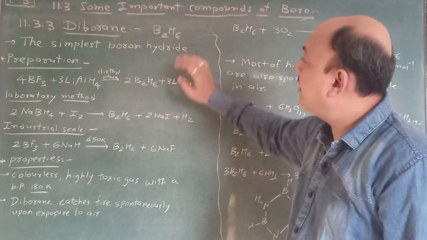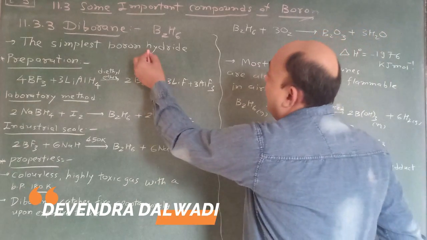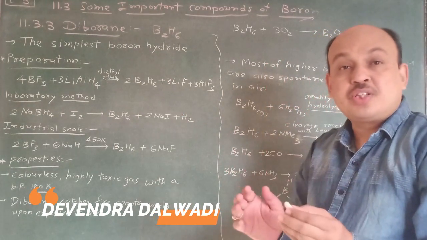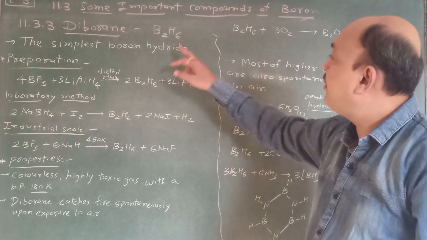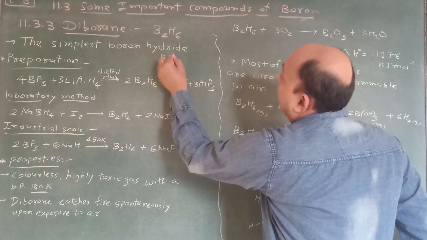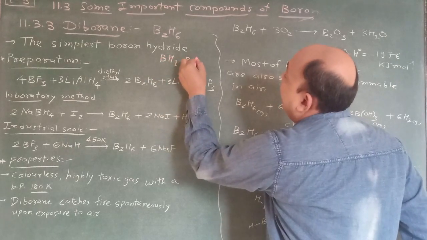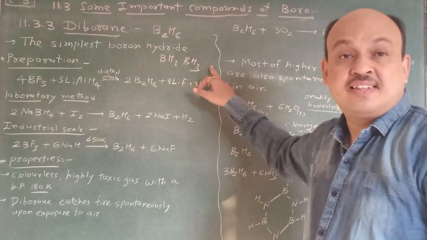First of all, this is the simplest boron hydride. Hydride indicates what? Boron and hydrogen, two elements are present in this diborane, and due to that we can say that it is also considered as BH3, and that's why it is called B2H6.